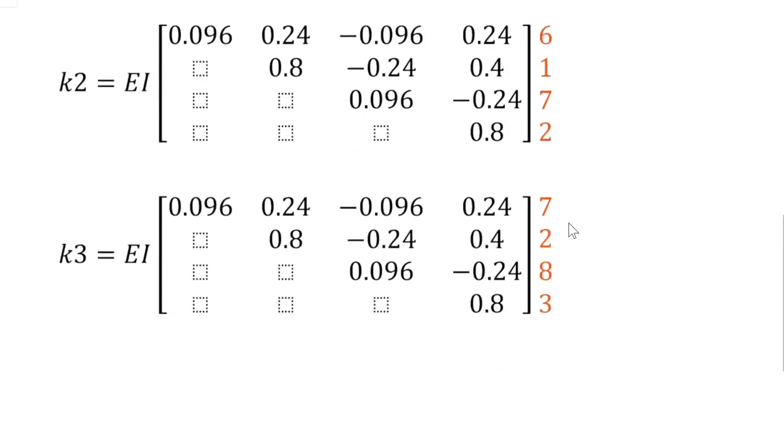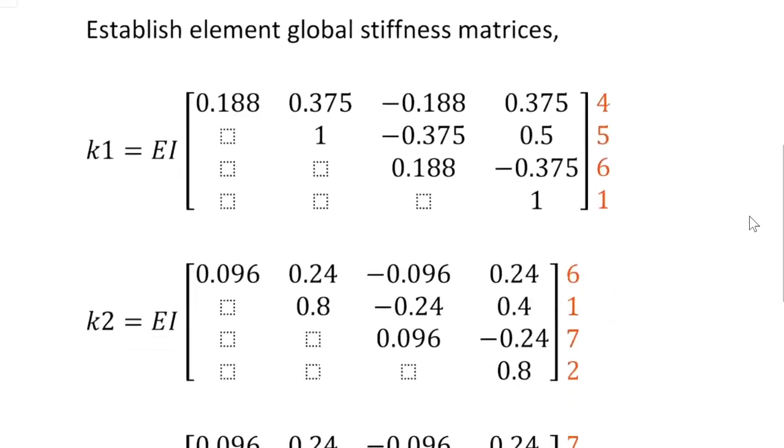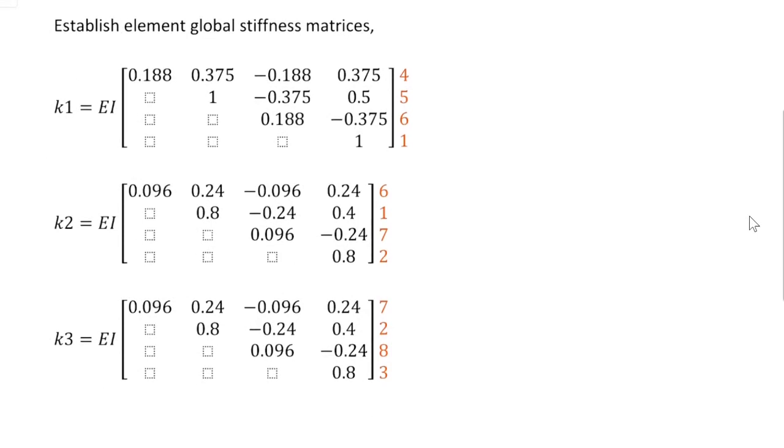So we have to put this label in K: 7, 2, 8, 3. Okay, so this is how we establish element global stiffness matrices K1, K2 and K3.